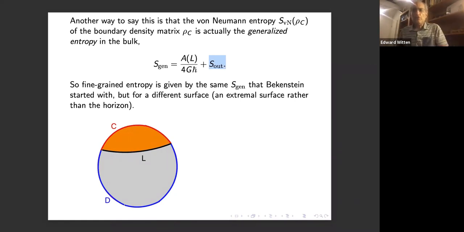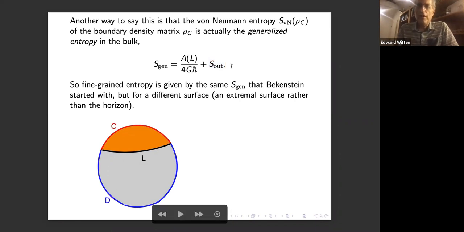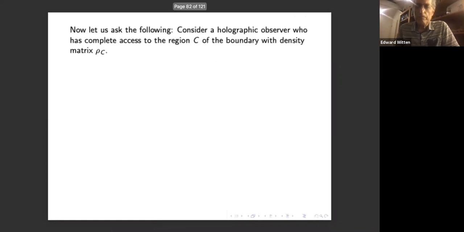So I made that too complicated. To go from Bekenstein-Hawking thermodynamic entropy to fine-grained von Neumann entropy, you just replace a cut of the horizon by an extremal surface, and otherwise you do the same thing. That's the bottom line from various refinements of the RT formula.